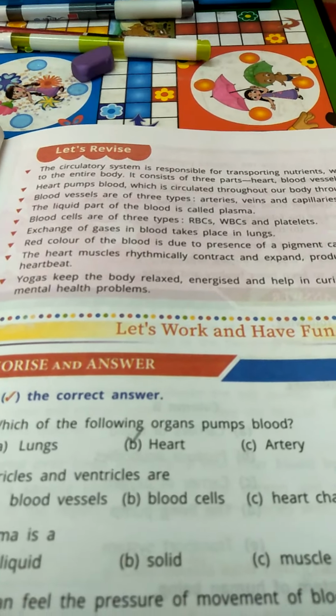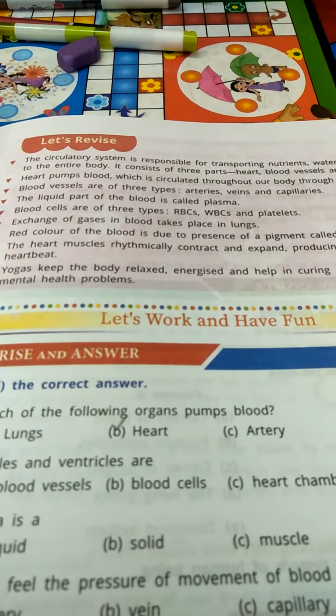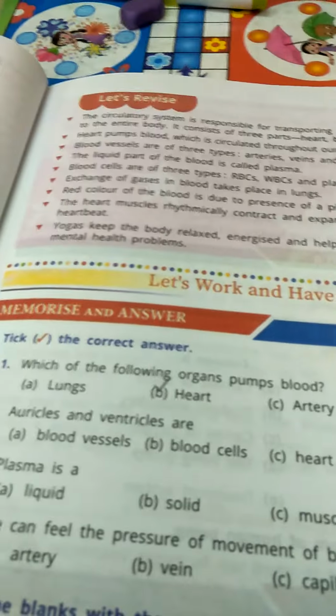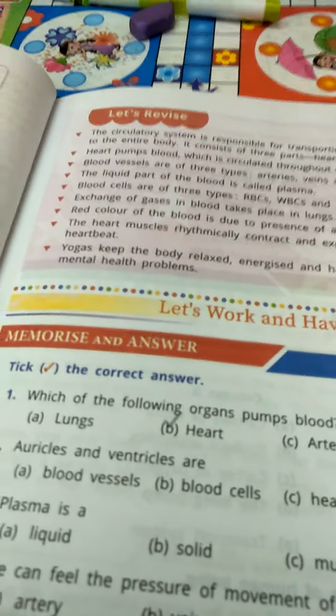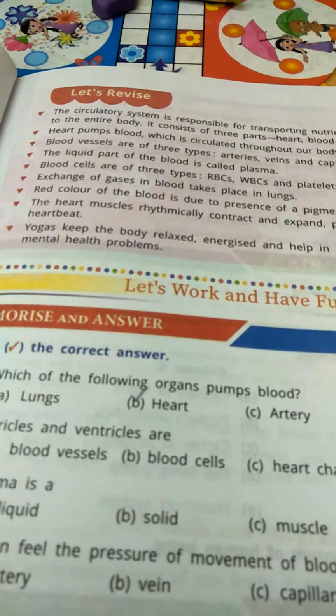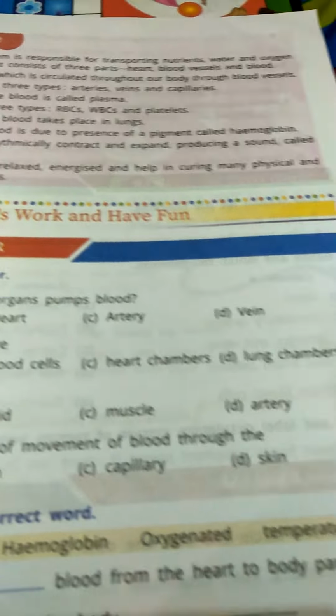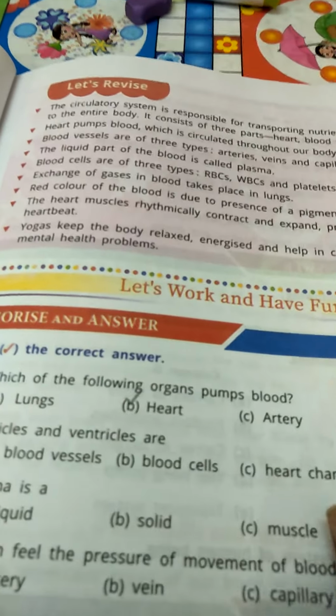The heart muscles rhythmically contract and expand, producing a sound called heartbeat. Yoga keeps the body relaxed, energized, and helps in curing many physical and mental health problems. Now this we have revised, we have read, we have learned everything.